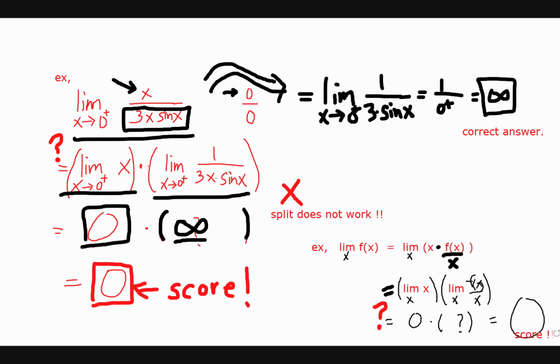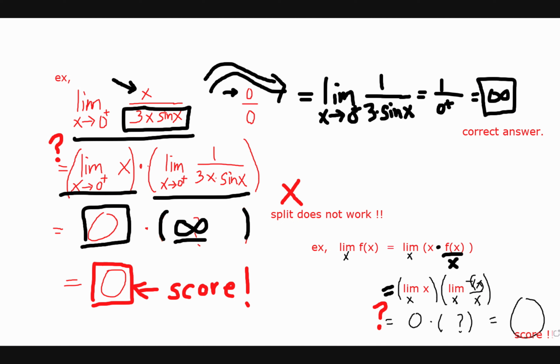So if you plug in x equals 0.00001, then you know that number will be a huge number. If you plug in x equals 0.001, that will be almost 1,000. If you plug in x equals 1 over a million, x equals 0.000001, then that will be almost like 300,000.